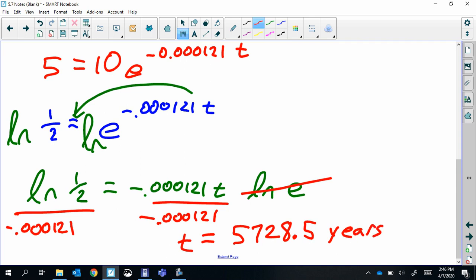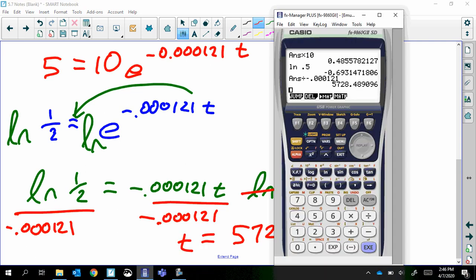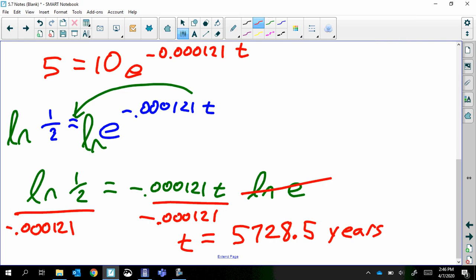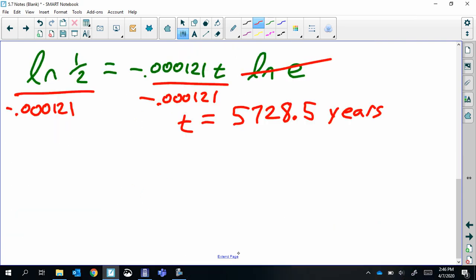It was about 0.5 years. You could have said 0.489 years if you wanted to be a little bit more precise. So it takes about 5,728.5 years for half of it. That's the half-life.